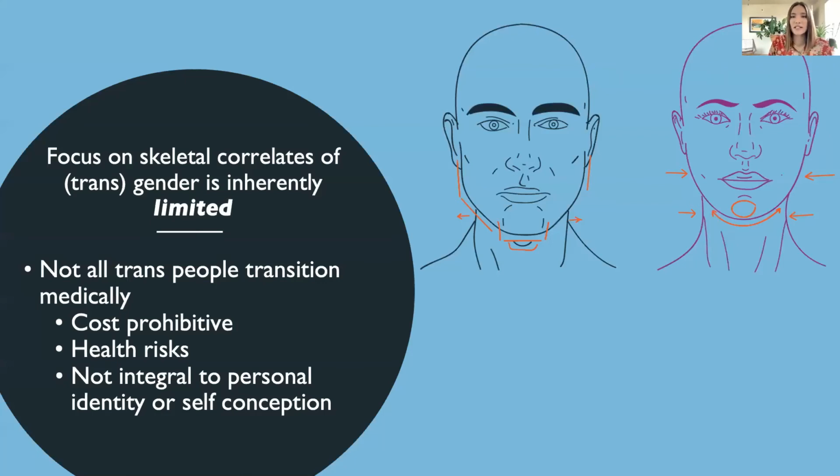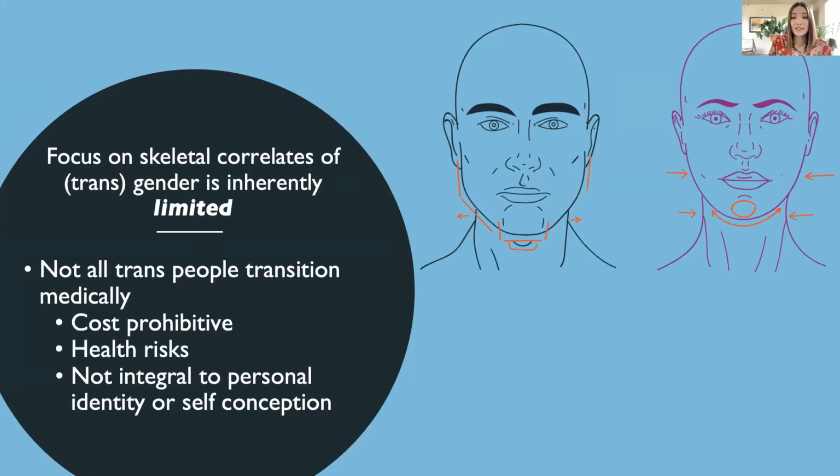Earlier, we discussed that some trans people seek gender-affirming medical care as part of their transition, and that changes to the skeleton that are associated with hormone therapies or gender-affirming surgery may reflect skeletal correlates of transgender identity. But as much as we anthropologists really love to look for solutions through skeletal research, we also need to acknowledge that focusing on skeletal correlates of gender identity is inherently limited.